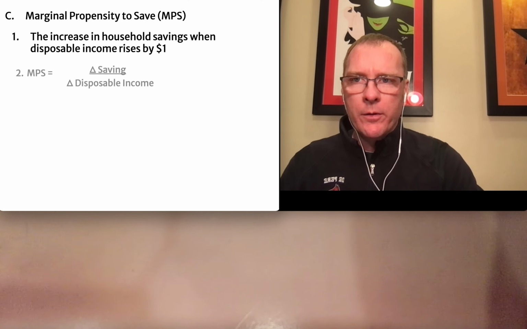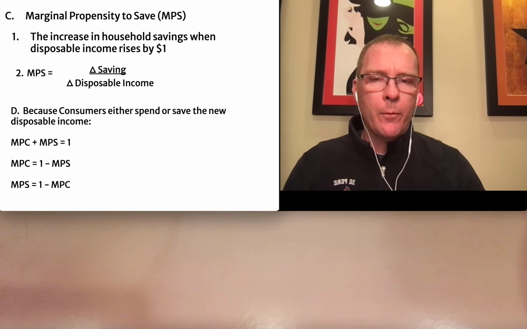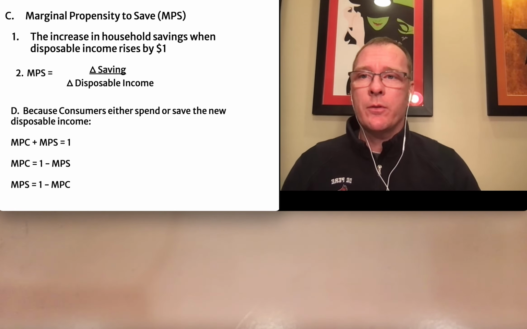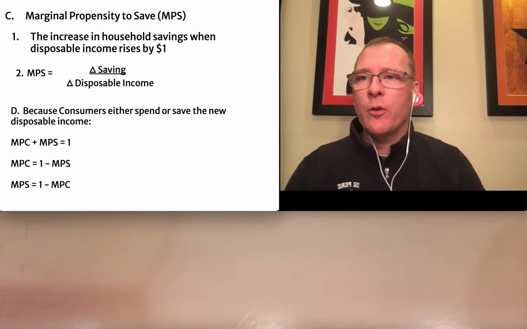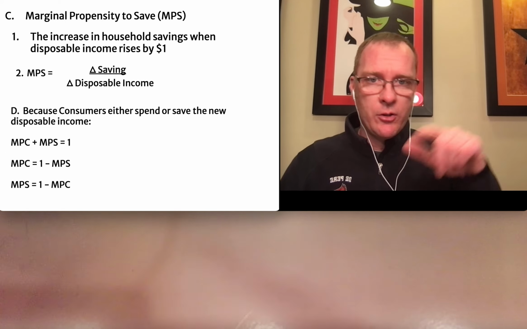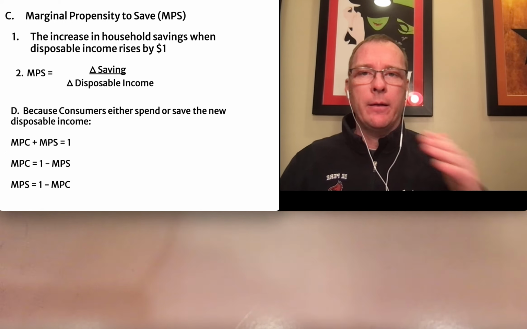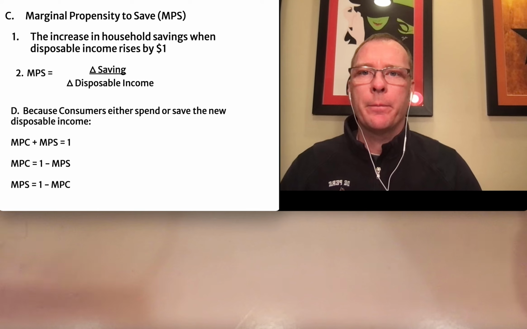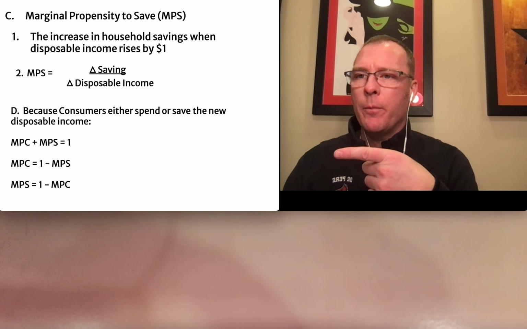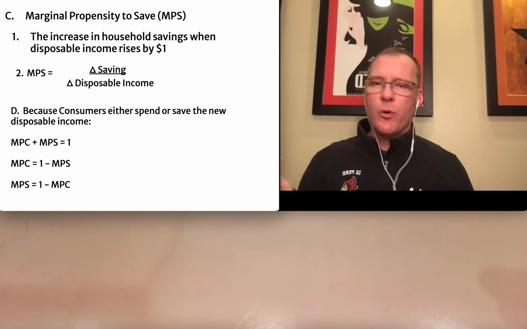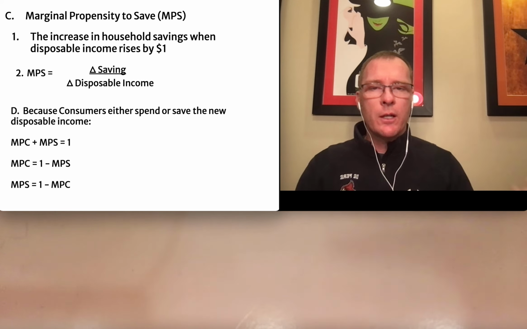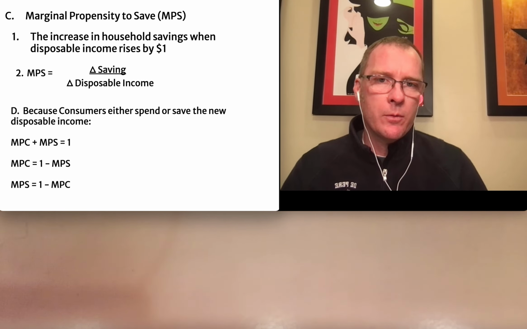Now, we can also state this the opposite way. If we know how much we're spending, then we also know how much we're saving. So the marginal propensity to save is simply the percent change in saving divided by the percent change in disposable income. Because you're either going to save it or spend it, we can write the equation so that your marginal propensity to consume plus the marginal propensity to save equals the new dollar that you just obtained.